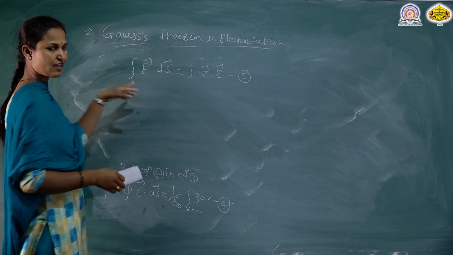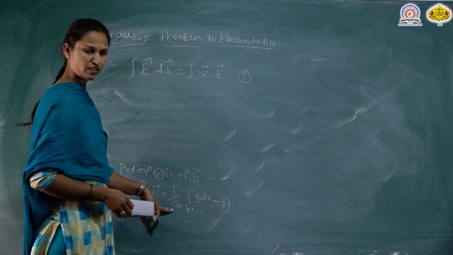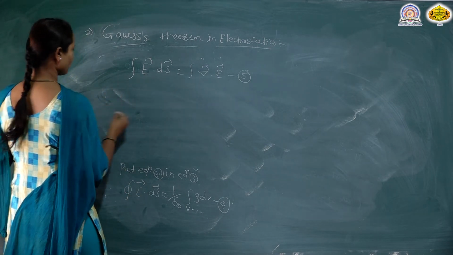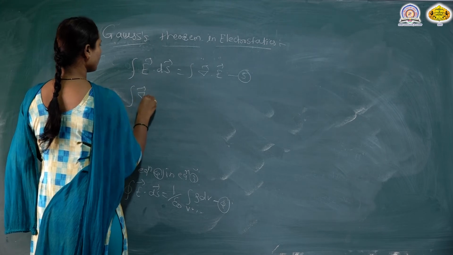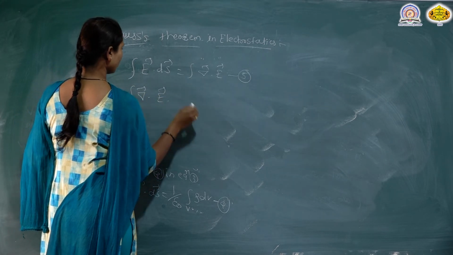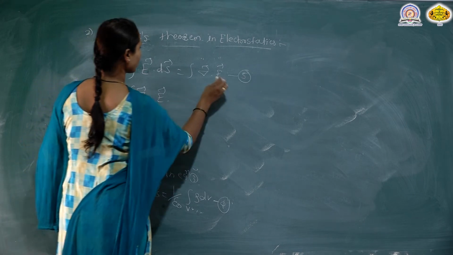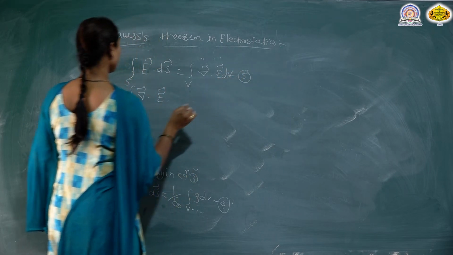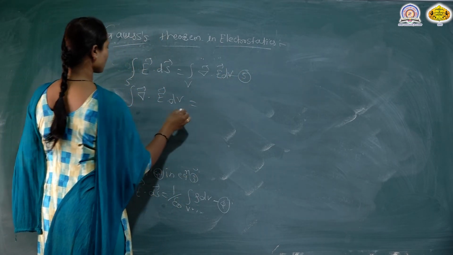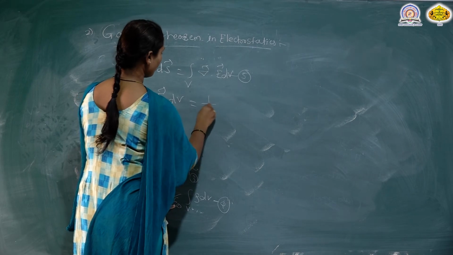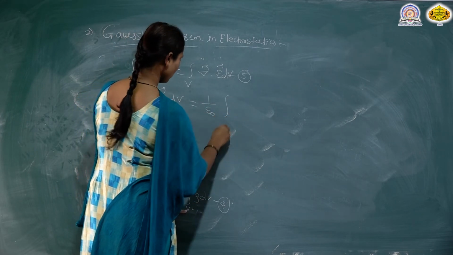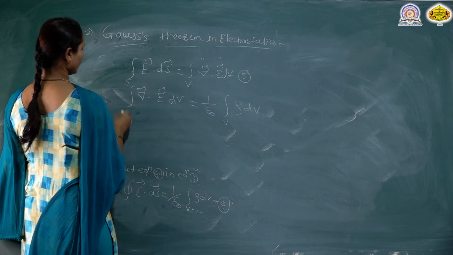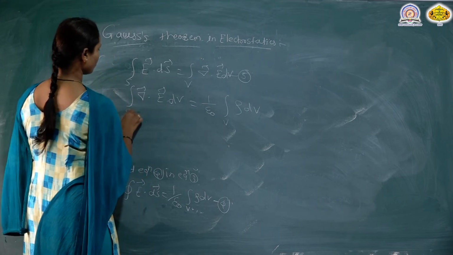Putting equation number 5 in equation number 4, the integration of del vector dot E vector dV equals 1 upon epsilon naught times the integration of rho dV, the volume charge.